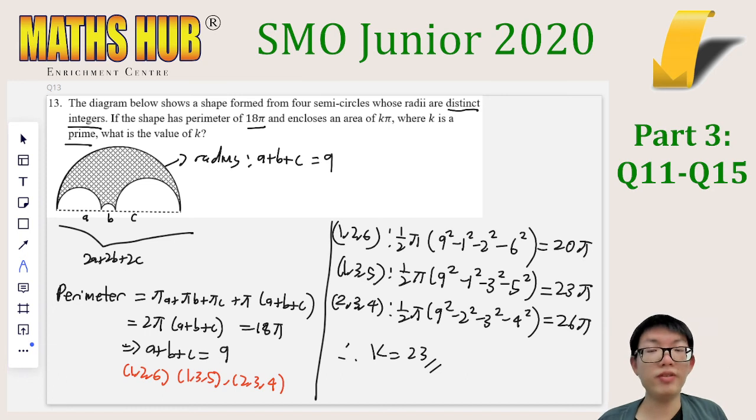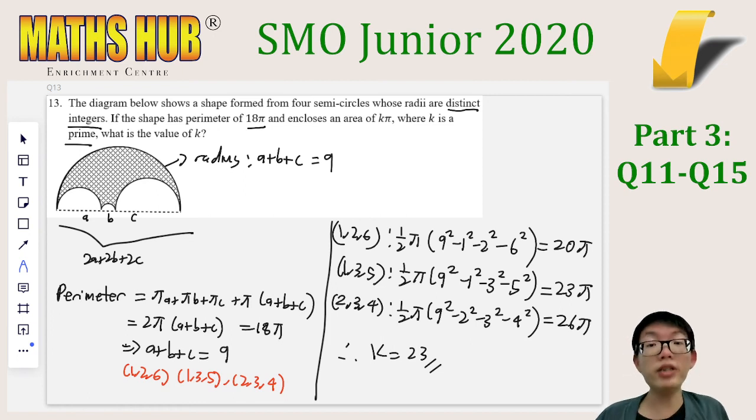This is a useful question to illustrate why we cannot fixate on a single type of approach, because the diagram is obviously indicating we should use some geometry, and indeed we do use the formulas for the area and the circumference of a circle.